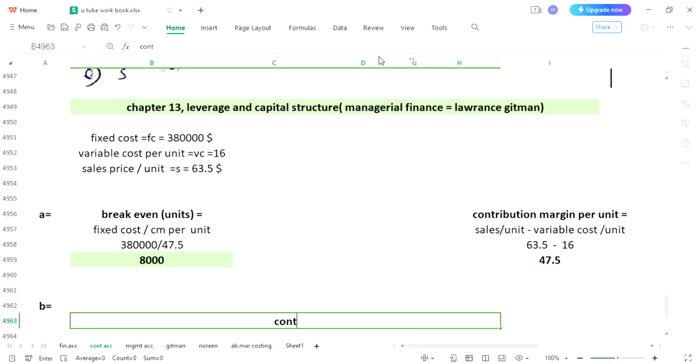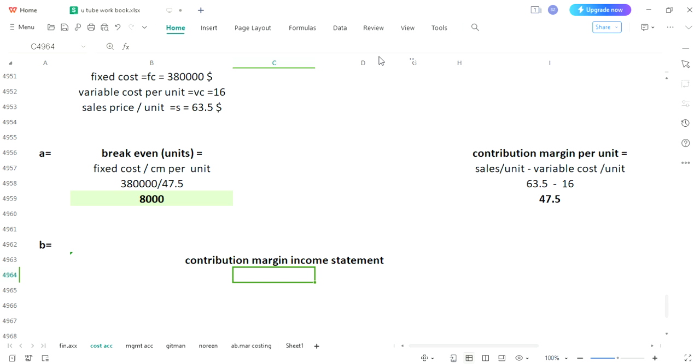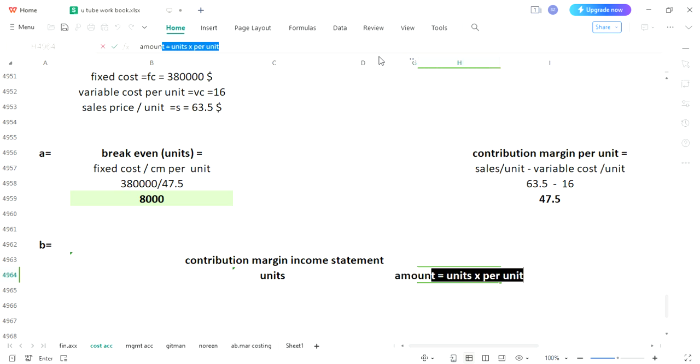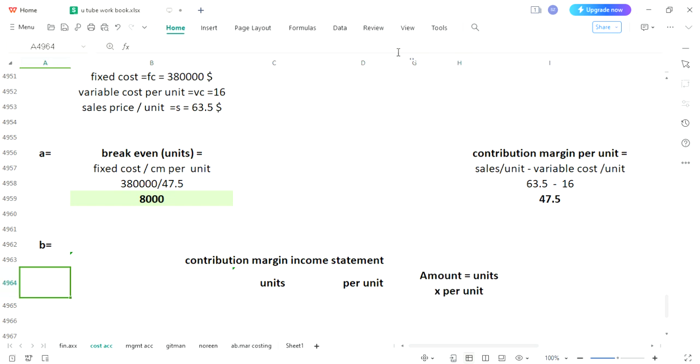This would include first the units, and then we will write per unit, after which our amount would be calculated by multiplying units into per unit. This way we will be able to calculate our total amounts.